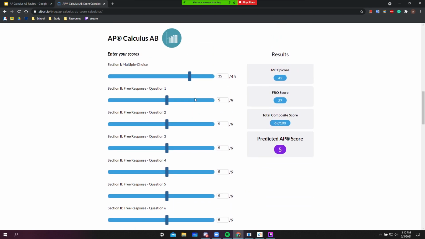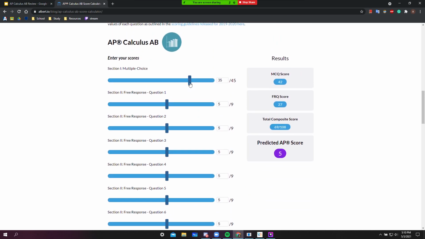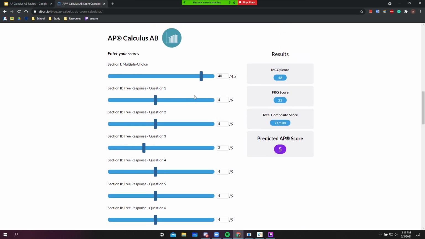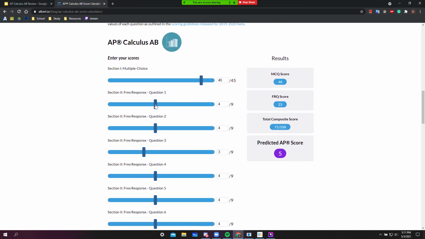Let's say you did really well and got 40. Then you could get less than 50 on the FRQs. You could bomb the FRQs. Or you could do really well on a couple of FRQs, then completely bomb the others.